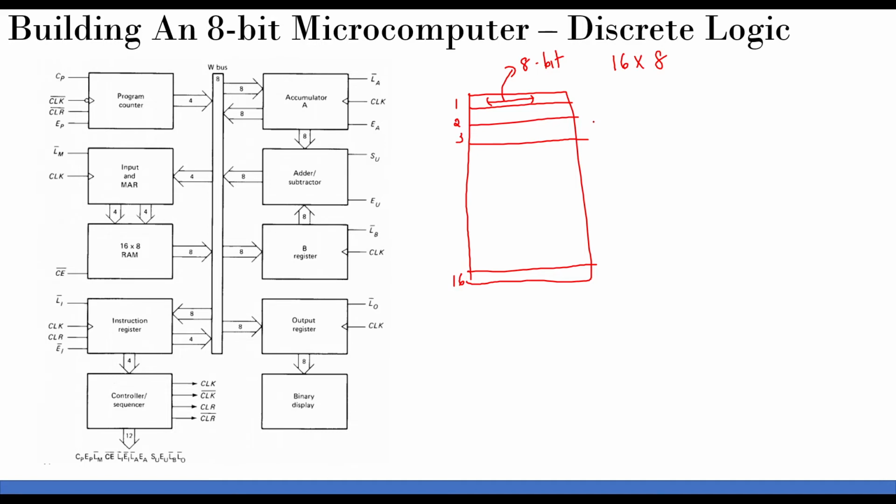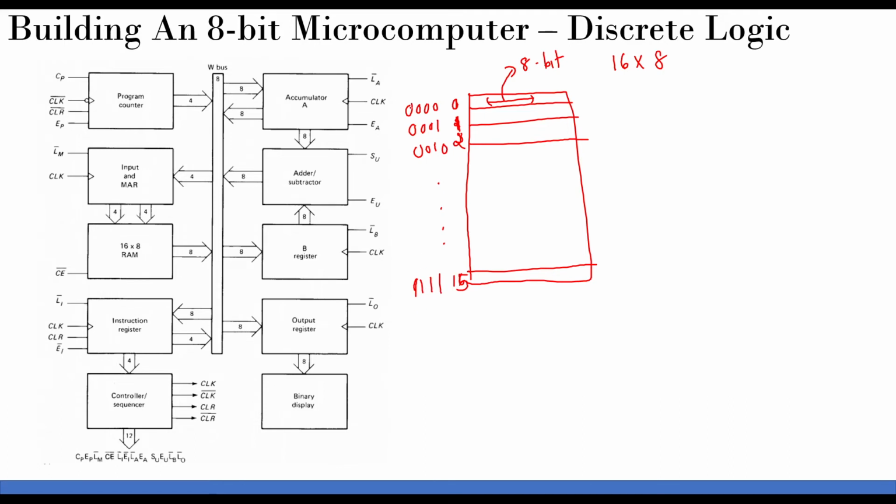I hope it's clear. And an interesting aspect is that in a digital system we always start from 0 instead of 1. So this is 0, this is 1, this is 2, and of course this will become 15, and you represent that in digital as 0000, 0001, 0010, all the way up to 1111, right?